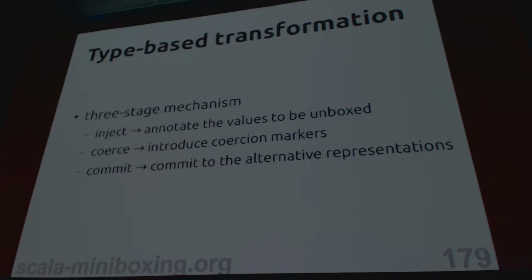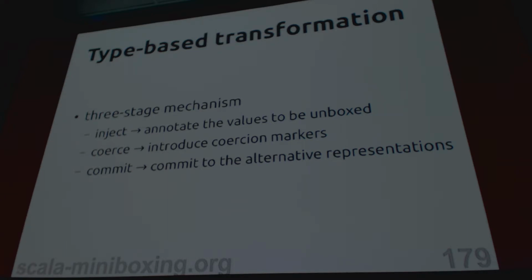So far, so good. Now let's come up with a recipe. A three-stage mechanism. First of all, we basically inject the representations in the tree. We mark some values in the tree according to some rules that satisfy the constraints given by the language features, allowing us to mark those values that we want unboxed wherever possible.